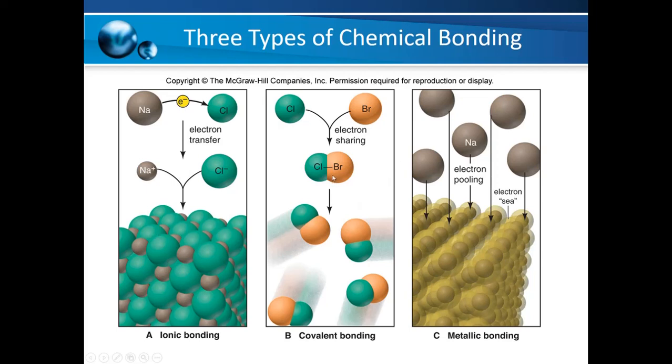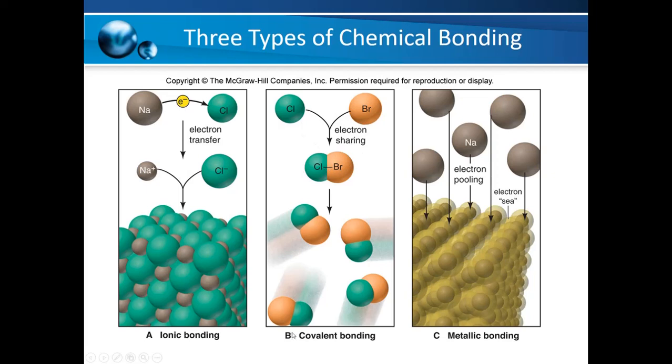So how about Cl and Br? Cl and Br we call a covalent bonding. It involves electron sharing, because the electronegativity between Cl and Br is almost the same. It is because they are in group 7, so the electronegativity is not very different from each other.